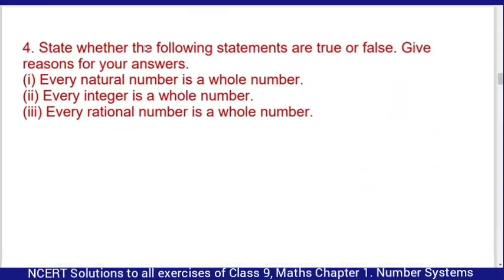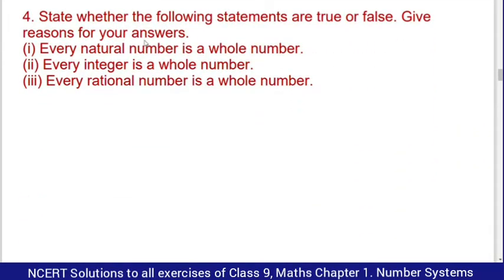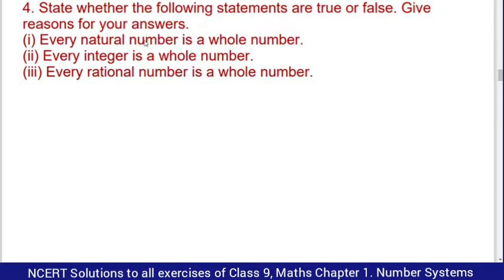Fourth question. State whether the following statements are true or false. Give reasons for your answer. First one, every natural number is a whole number. Second one, every integer is a whole number. Third one, every rational number is a whole number.